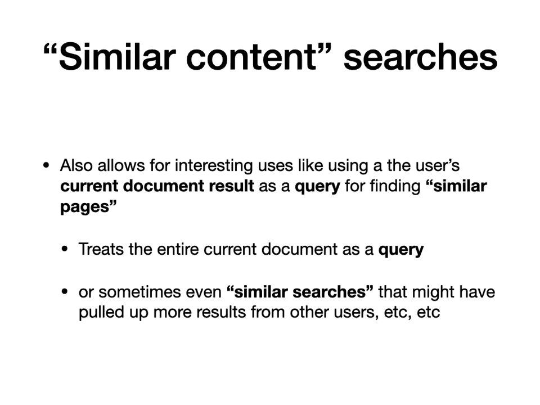Moreover, it allows for some interesting things that you might be used to from current technology, right? Similar content searches. You could take the current document that the user is reading and use it as a query: go find other documents that are close to this one in terms of their vectorized forms. The same way we might have used this to skip Boolean search, you can then chain them.